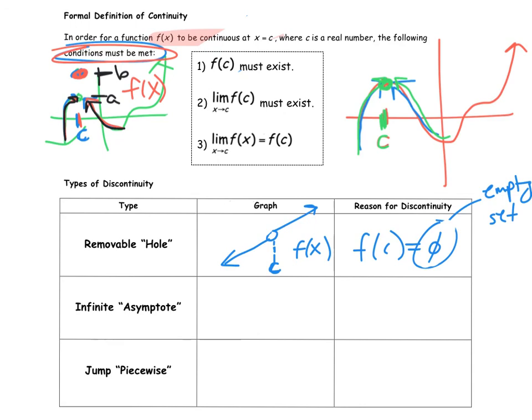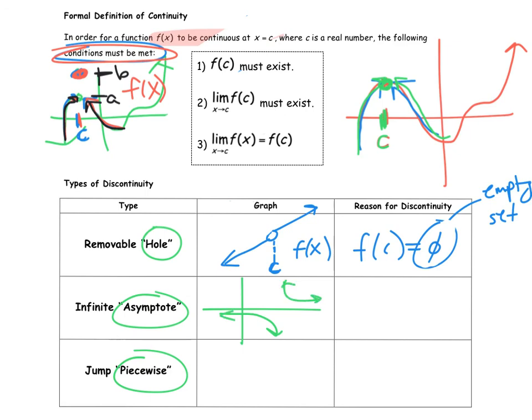All right, that infinite discontinuity, which is where we have the asymptote. Notice all these pieces here, guys. These are really important. So if I were to sketch this out, maybe this is what my graph looks like. And you have your asymptote. And this is where my c value lies. So there's c. We would have f of c equal to the empty set, meaning there's just no y value, guys.